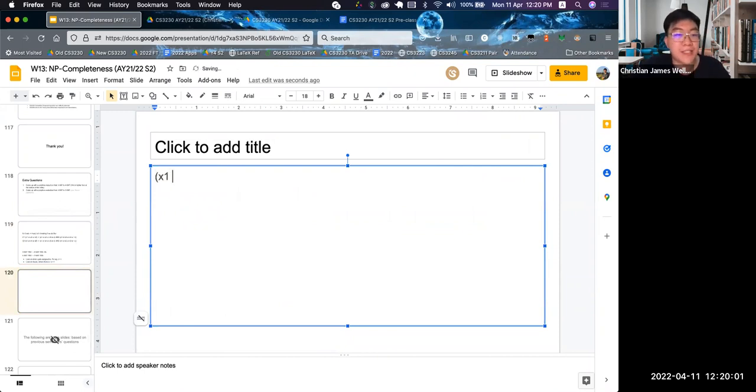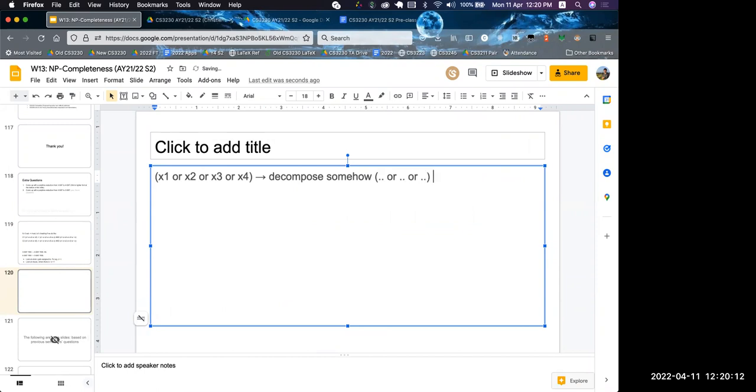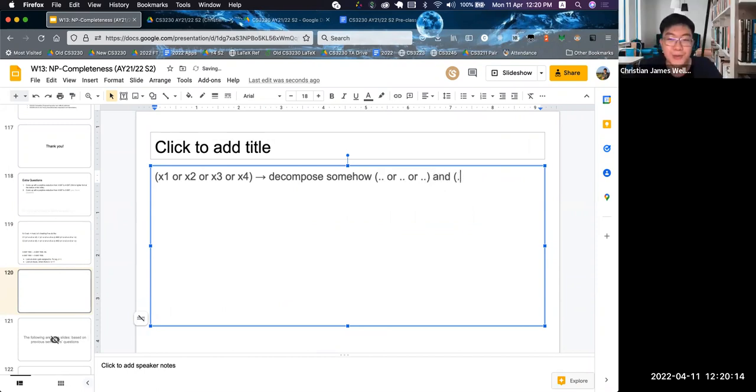So for example, x1 or x2 or x3 or x4, you decompose somehow with some Boolean algebra magic. Yeah, probably. So this is the correct direction to go.